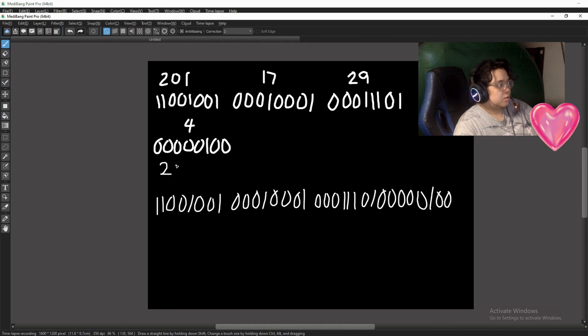So 201, 17, 29, and 4 is equal to 11001001, 00010001, 00011101, 00000100 in binary.